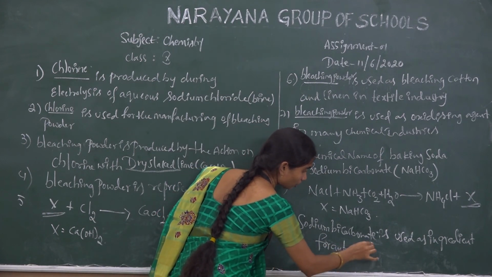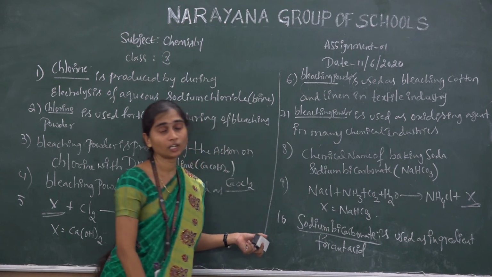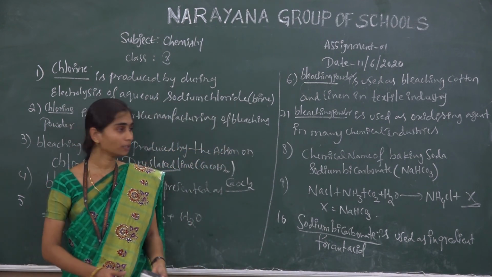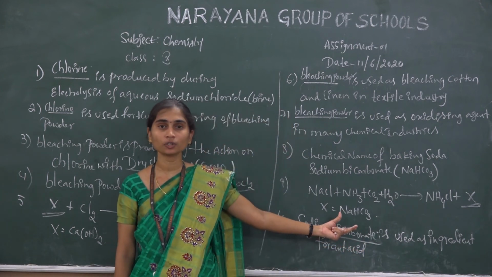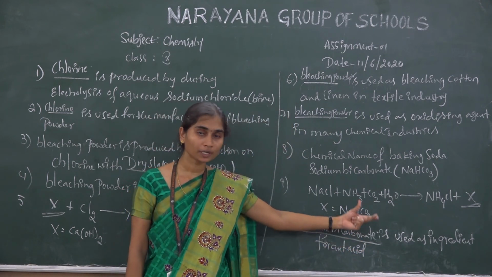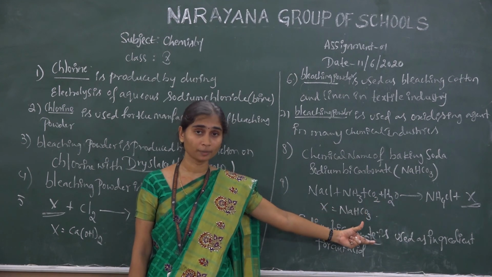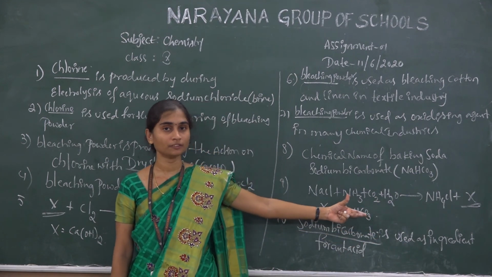It is also used for cleansing silver ornaments. And when we heat sodium bicarbonate, it releases sodium carbonate, and there will be a liberation of carbon dioxide gas, which is used to extinguish fire.